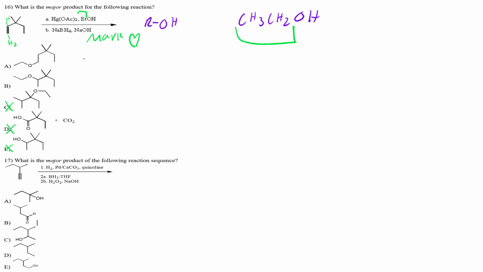That must mean that we form a positive carbocation that is secondary. So now we hook up our alcohol right there, and you would say, oh, I'm done, it's E.